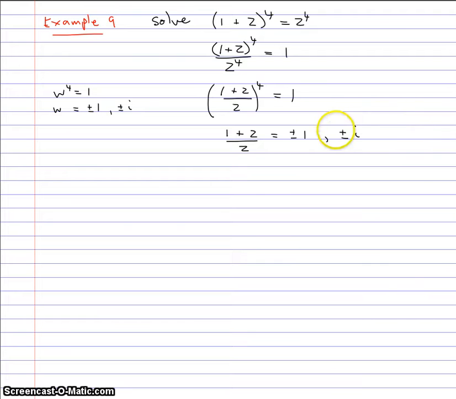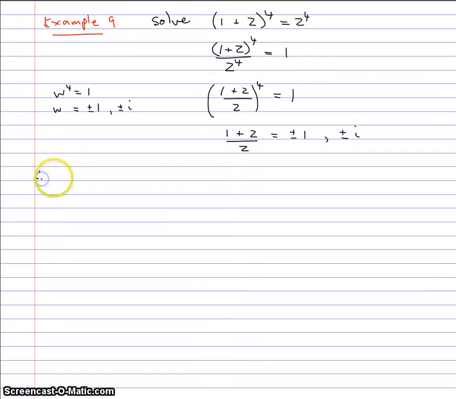So we've got 4 solutions here for this expression. Let's go to the next step. We need to consider this expression equaling each of these 4 values.